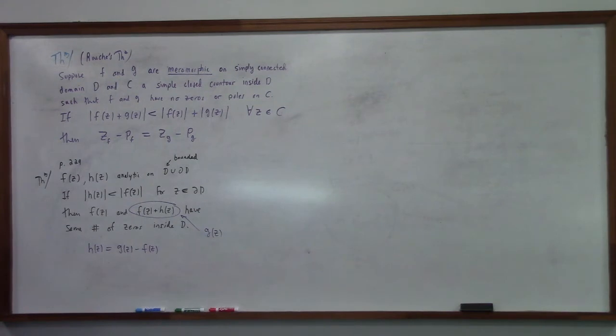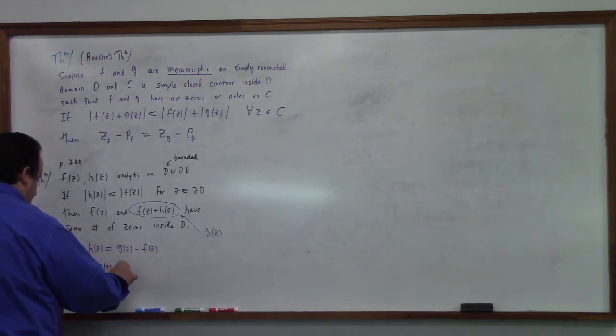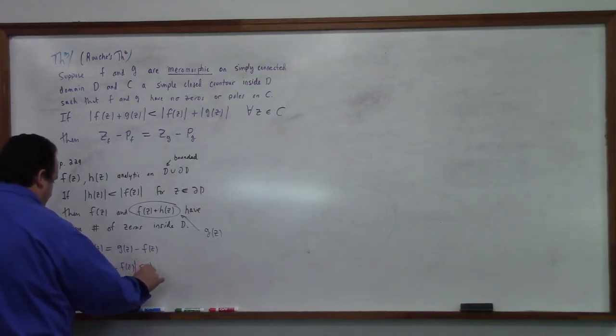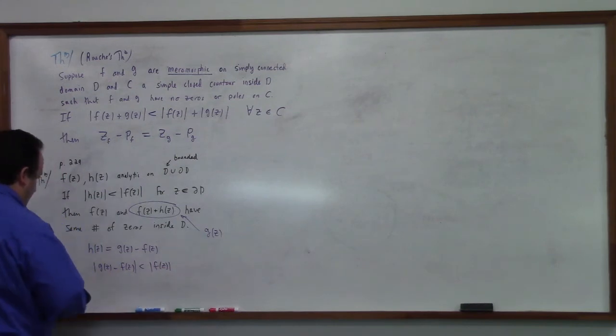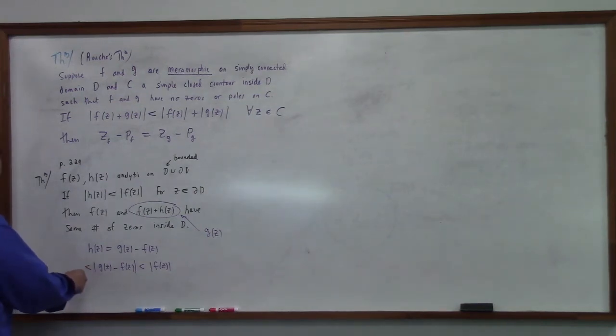And that's the condition we're assuming in Gamelin's theorem. And this is greater than what? The modulus of g of z minus the modulus of f of z.